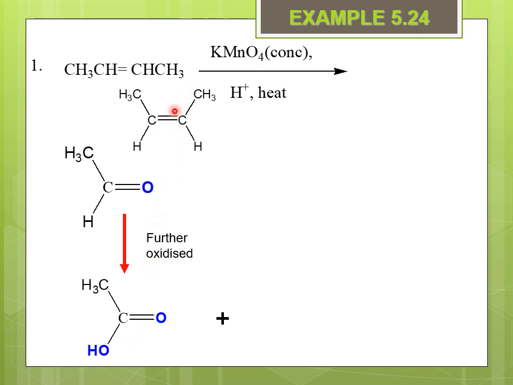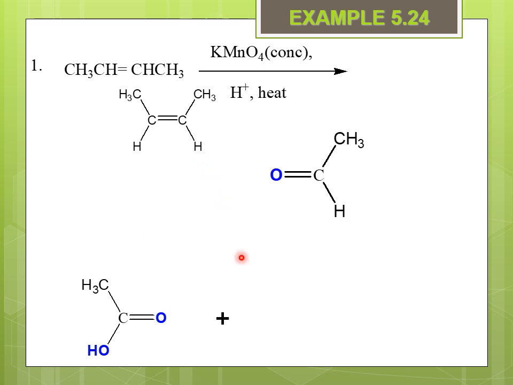And we can see also on the right hand side is the same structure having one R and one H. So it's going to become an ethanol, and then it's going to be oxidized further also to become an ethanoic acid.